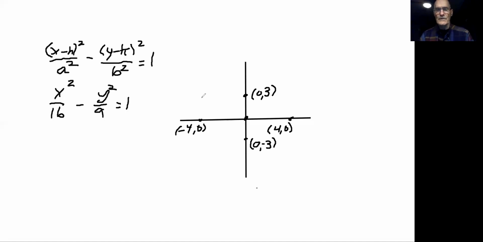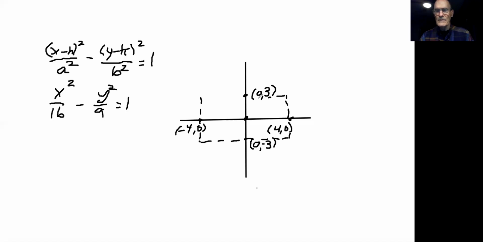With the hyperbola, you have to draw a rectangle that goes through these 4 points, whose sides are parallel to the axes. So I come down like this, across the bottom through the bottom point, up over here through this point, and then across the top.